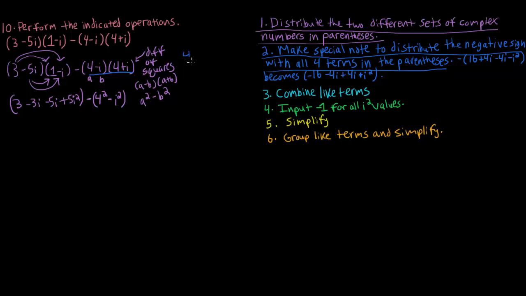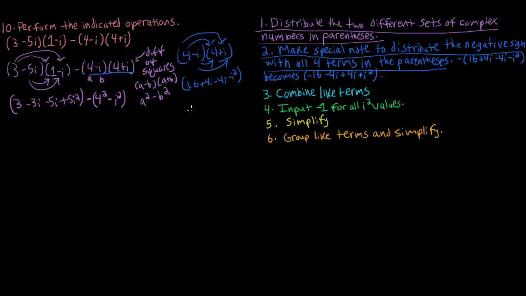I did 4 minus i times 4 plus i, and I had actually distributed each term, which gave me 4 times 4 is 16. 4 times i is plus 4i, minus i times 4 is minus 4i, and then minus i times i is just negative i squared.